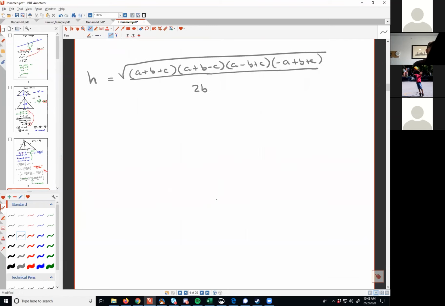So now let's remember, we want the area. I'm going to represent the area with capital K. This is a traditional variable that is often used to represent the area of a triangle. If you ever read old math books or old math papers, you might see this capital K. And that area is base times height divided by 2.